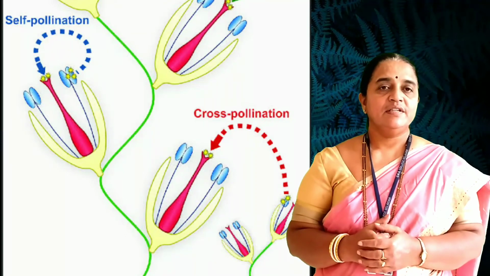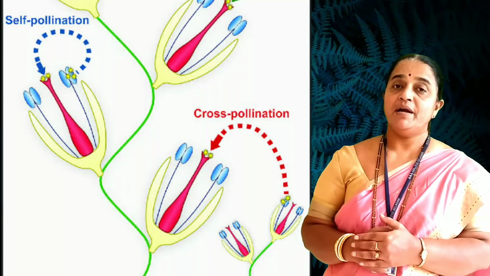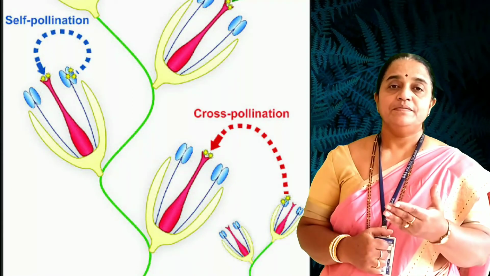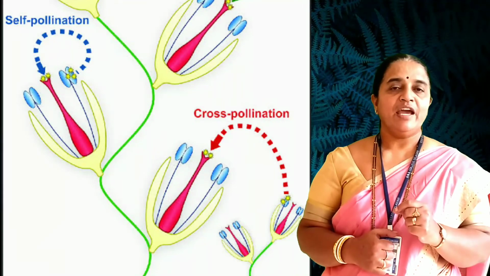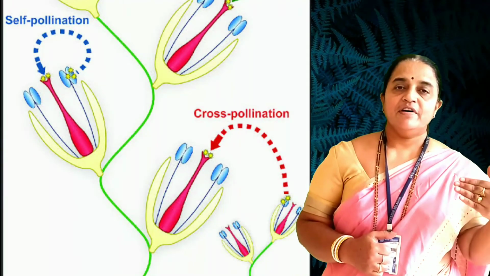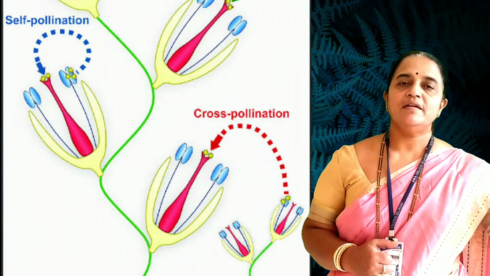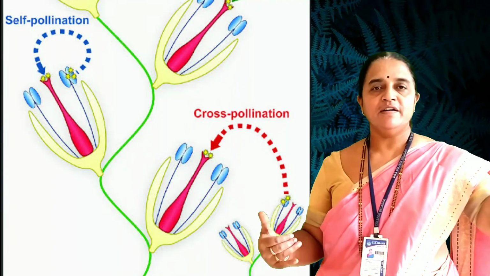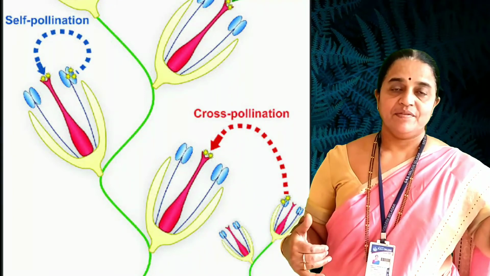Second condition, the flower is bisexual with androecium and gynoecium, but they show dichogamy. In dichogamy, first the androecium matures, means microspores will mature earlier than the megaspore. This we call protandry.